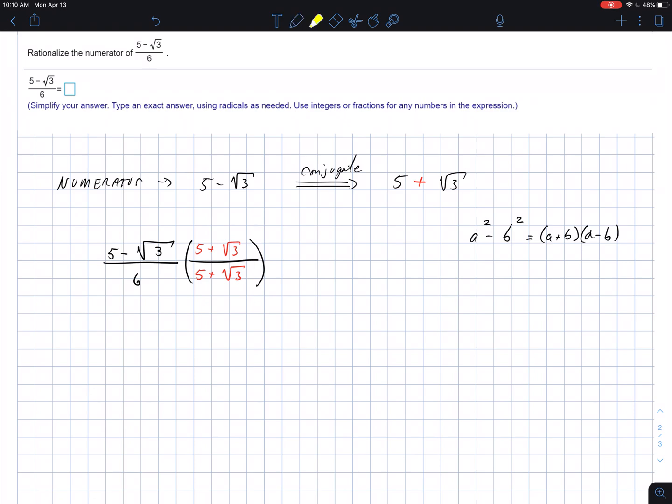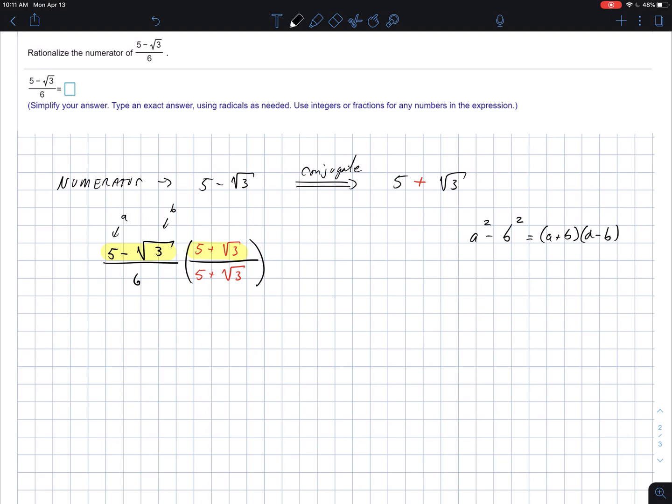Well, notice this. This is a and b, and there's a negative between them. Here's a and b, and there's a positive between them. So we can just do the simple way of doing this out. We just label what's a, so 5 would be a, and the square root of 3 would be b. So we can do this multiplication very quickly if we're on top of things.